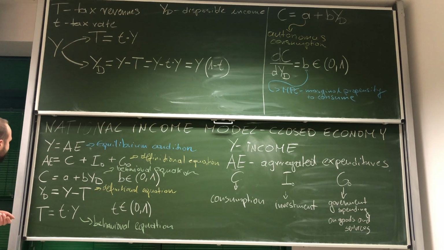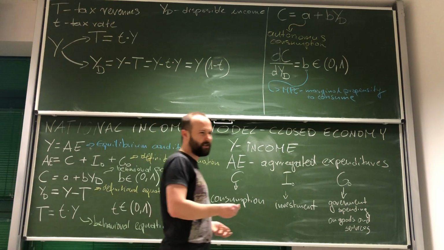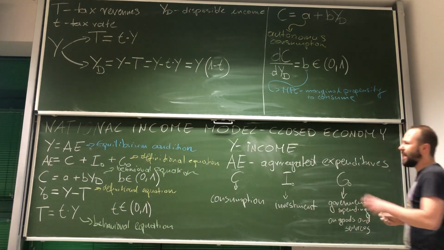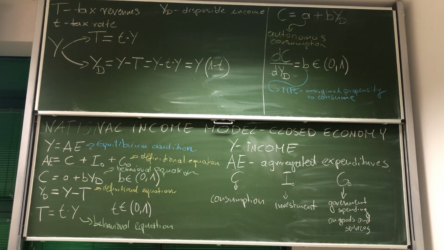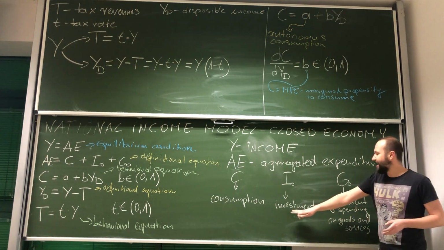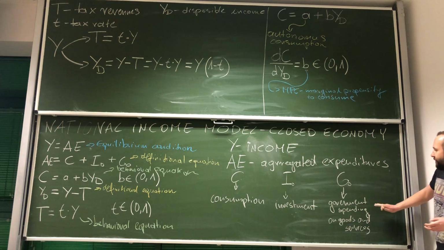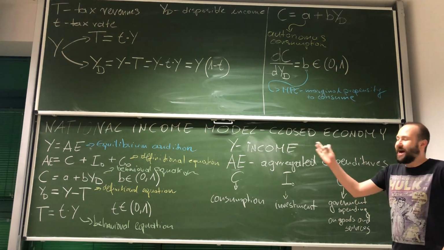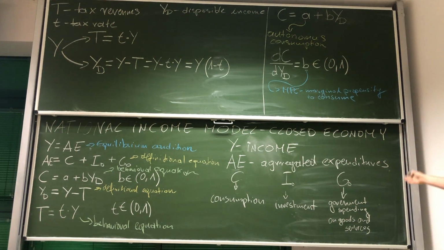Okay, so what should we do next? Now that we know this, maybe we should identify what is endogenous and what is exogenous. Let's start with exogenous variables. We already said that the level of investment and level of government spending are decided outside the model.